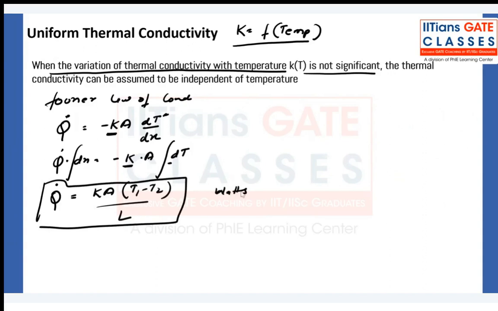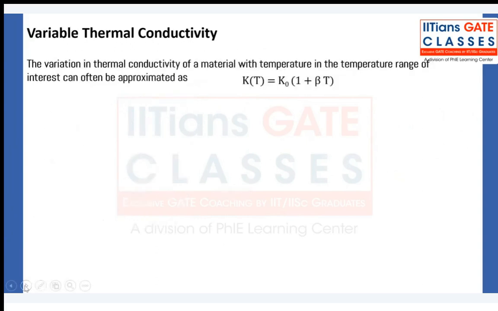But let us assume that the conductivity is varying with temperature, and the change is significant. So you cannot take conductivity as constant. In the question, they will give you a relationship. For example, conductivity is a function of temperature, and it varies according to this relation.